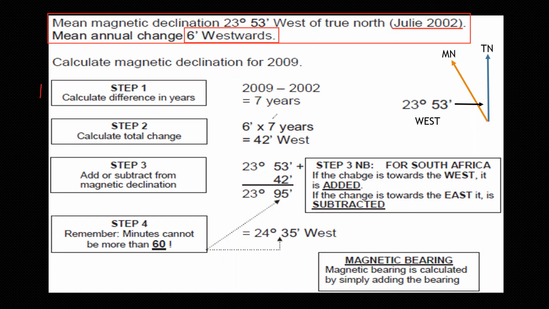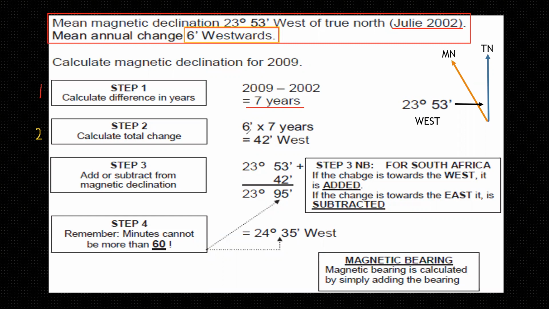Now that we know that it's been 7 years since we last checked it, we know that it moves 6 minutes every single year towards the west. This is our change. So here we need to work out the total change. How far has it moved in those past 7 years?